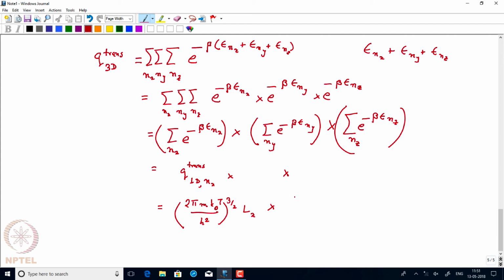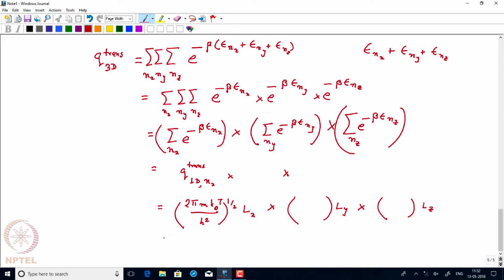Similarly, this factor will be 1 over 2, and similarly the same factor into Ly, into the same factor into Lz.